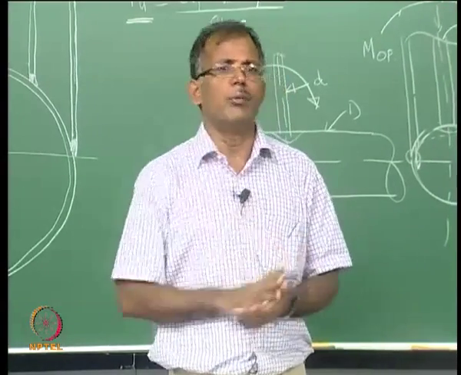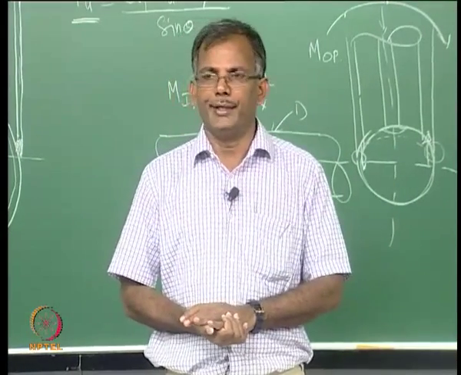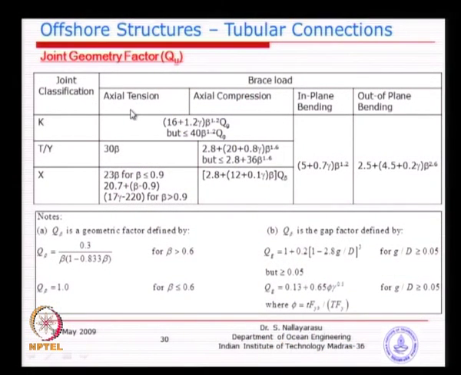You will have 2 component moments, and of course a third one, torsion, which normally we do not include in the design. So basically you see here tension, compression, in plane, out of plane, 4 categories of loading and 4 categories of joint configurations. We have an empirical formula. We will just spend 1 minute on one of them. Look at the T joint, the simple one, 30 times beta. Beta varies from 0.2 to nearly 1, and I said do not go to 1, limit it to 0.9.